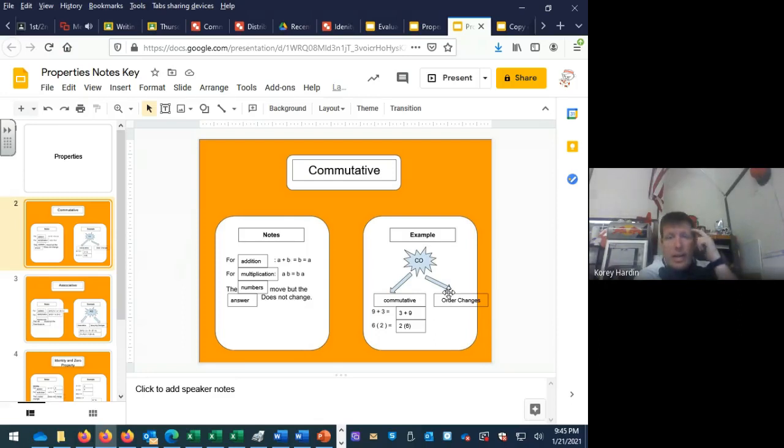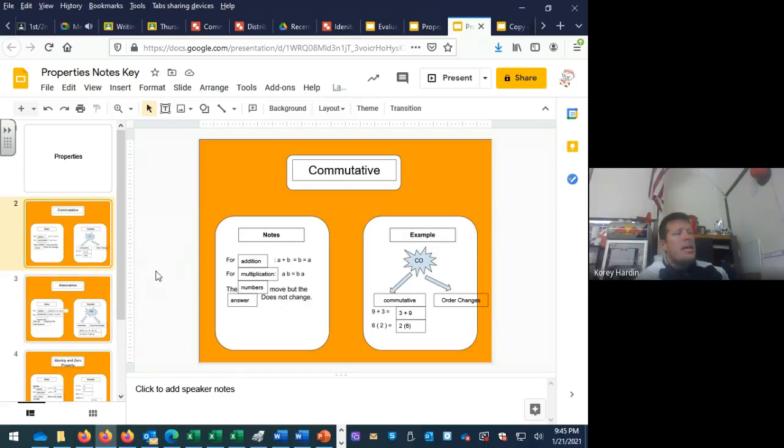That's what you need to think. Commutative order. In commutative property, order changes. That's it. Okay? So 9 plus 3 becomes 3 plus 9. That's commutative property of addition. And commutative property of multiplication, 6 times 2 becomes 2 times 6. Okay?